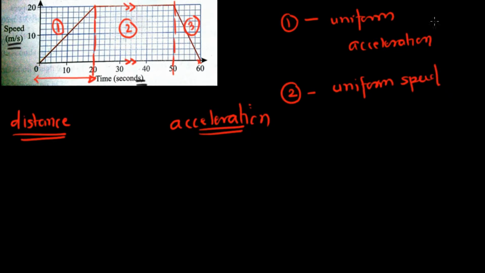We can also say velocity, because we're not talking about the direction right now. The third thing that I got from here is that there is a uniform deceleration. How can I say uniform? Because it's again a straight line. That means from this end to this end, the value of deceleration would be the same. So that's uniform deceleration.